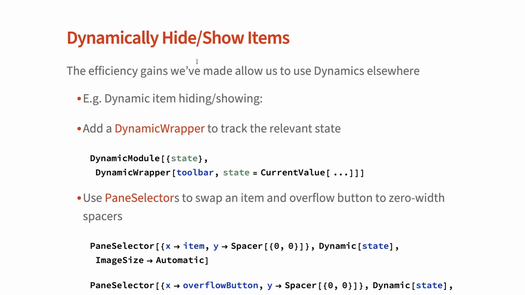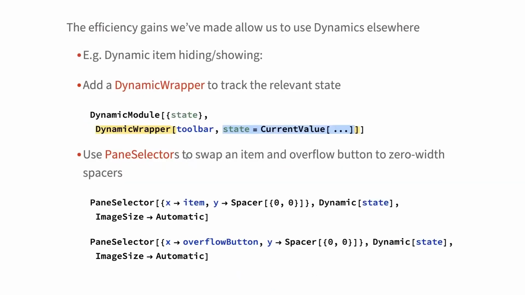The way you do this is you take your toolbar and put it in a dynamic wrapper that's going to track some state variable. Then you can use pane selectors to swap out an item for a zero width spacer. So if the state is X, then you'll see the item. If it's Y, then the item is hidden by a zero width spacer, and then similarly with the overflow buttons.